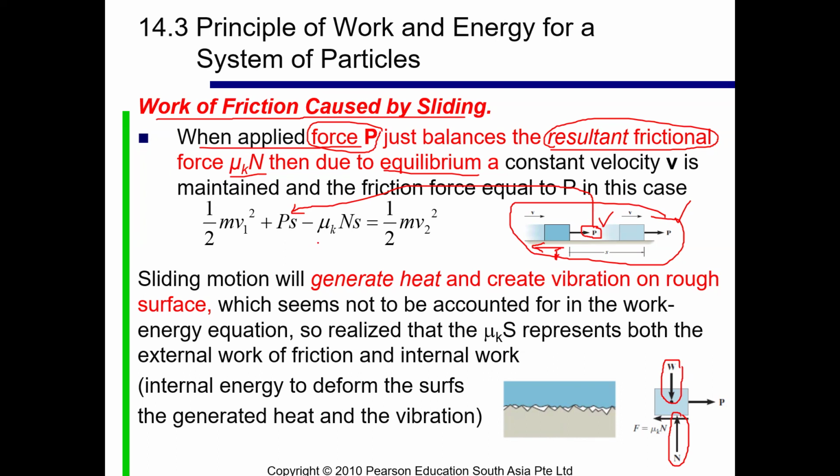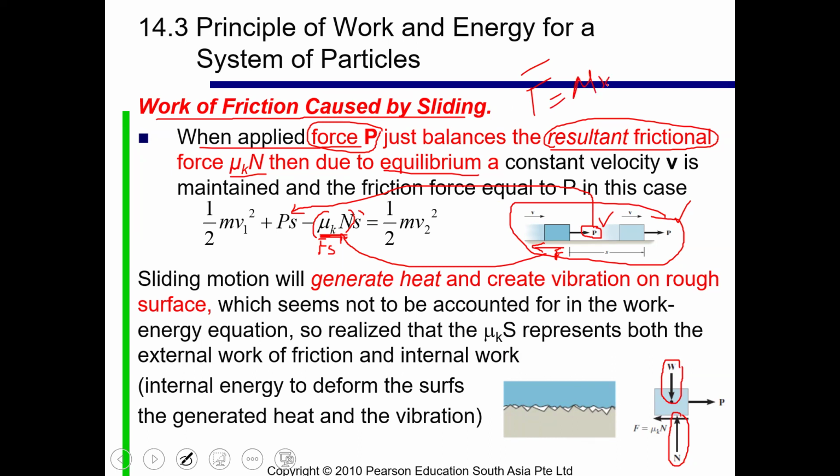However, the work done by friction will be negative. So here it is F into S, friction into the distance, and friction is translated as mu K into N. So we know that F is equal to mu K N.